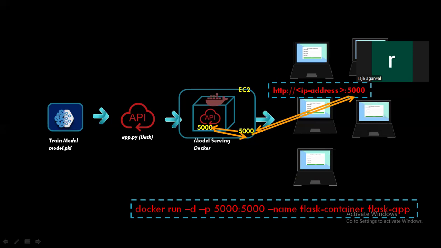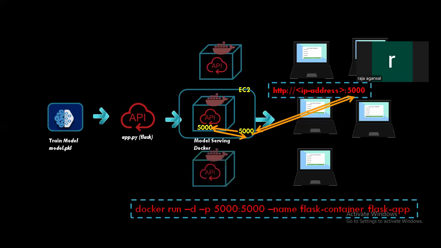This is where Docker Compose becomes invaluable. Docker Compose allows us to define and manage multiple containers effortlessly. This enables scalability, load balancing, and seamless integration of services like databases or caching mechanisms.